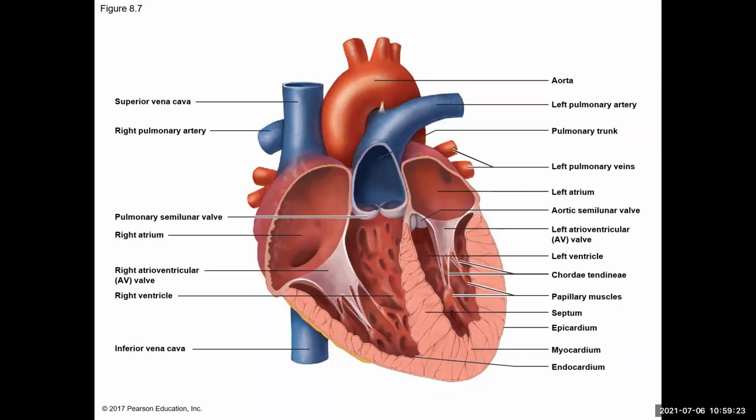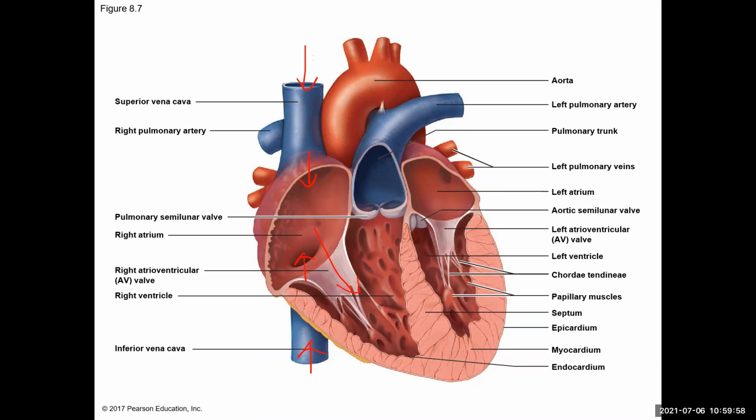So now that we've talked about these structures, I want to go through how the blood is going to flow through the heart. You have blood coming in through the vena cava, the inferior and the superior. That brings it into the right atrium. The right atrium will contract and push that blood through the right AV valve into the right ventricle.